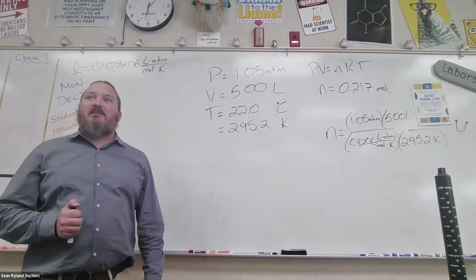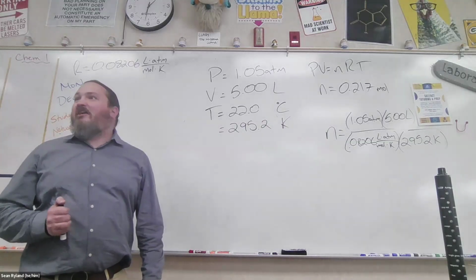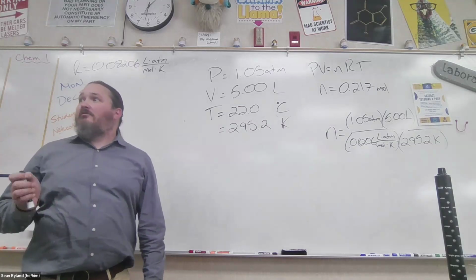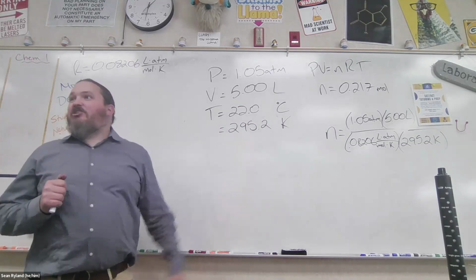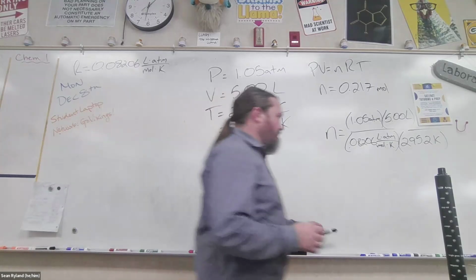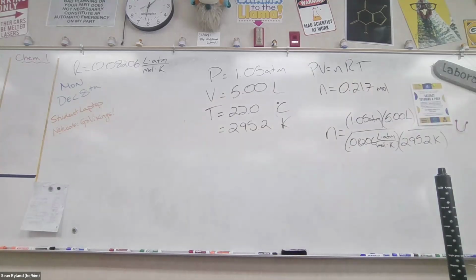If you didn't get something reasonable, it might be a calculator issue, or it might be a units issue. So how do we do with the second part?